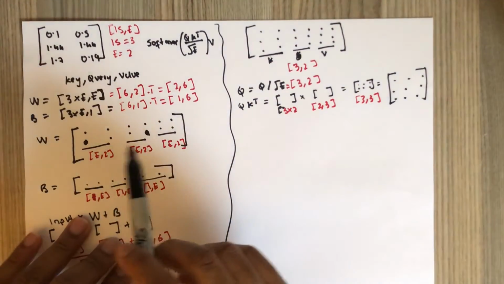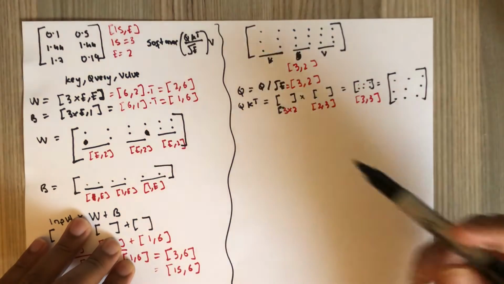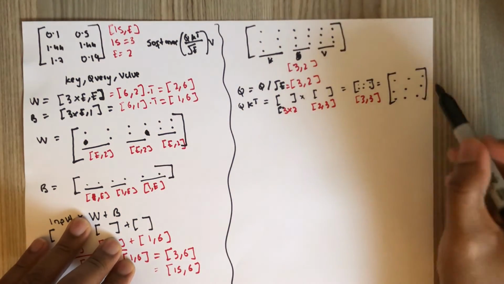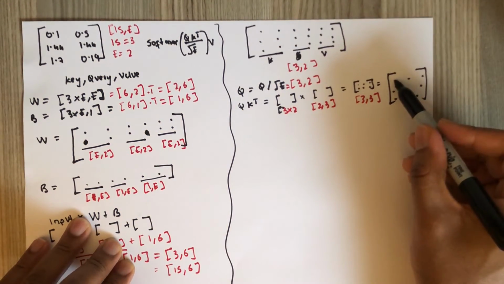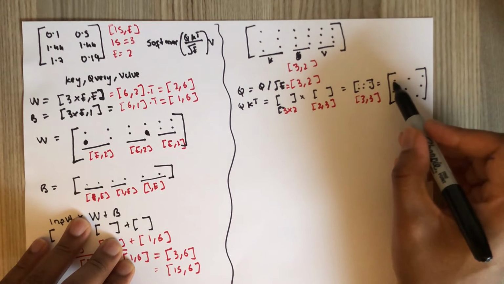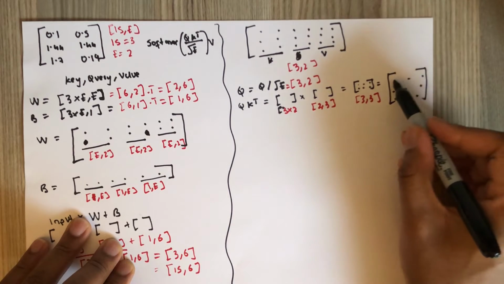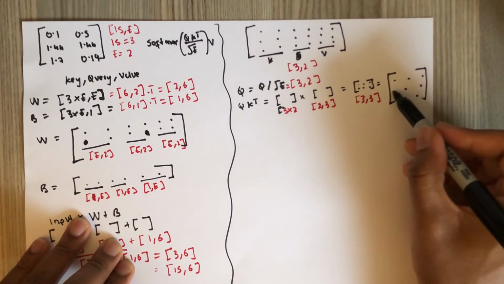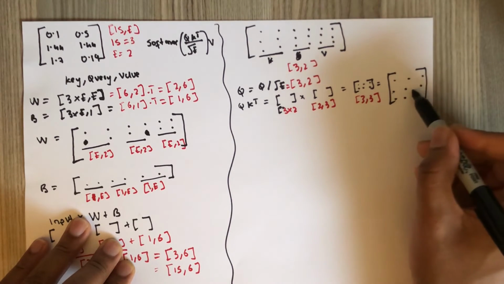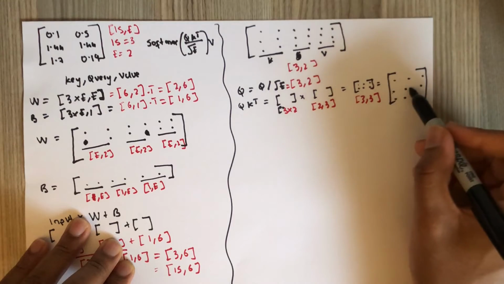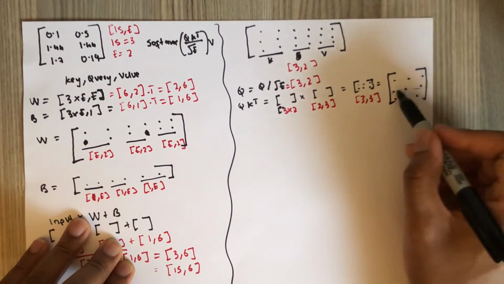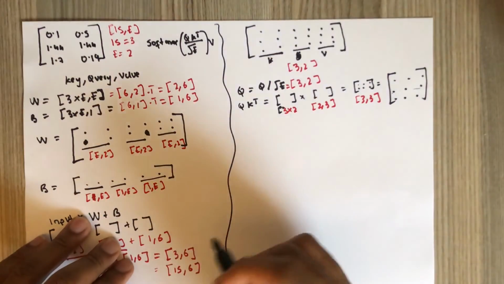We need to then push it into a softmax, and in softmax, what you need to do is take the exponents, then divide each exponent by the summation of the exponents of all the values in this row. For example, take this, take its exponent, then divide it by the summation of exponents of all the values in the row, and that is the softmax.